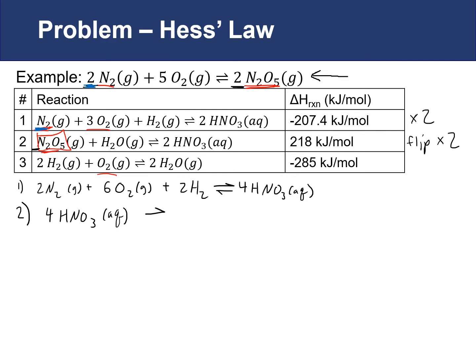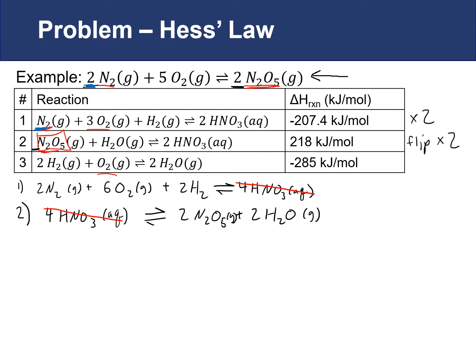This goes to give 2 N2O5 plus 2 H2O. N2O5 as a gas, H2O as a gas. Okay, so if we look to see how things cancel out, we have 4 HNO3s on the left here, 4 on the right. Those will cancel out when we add. Nothing else so far cancels out.